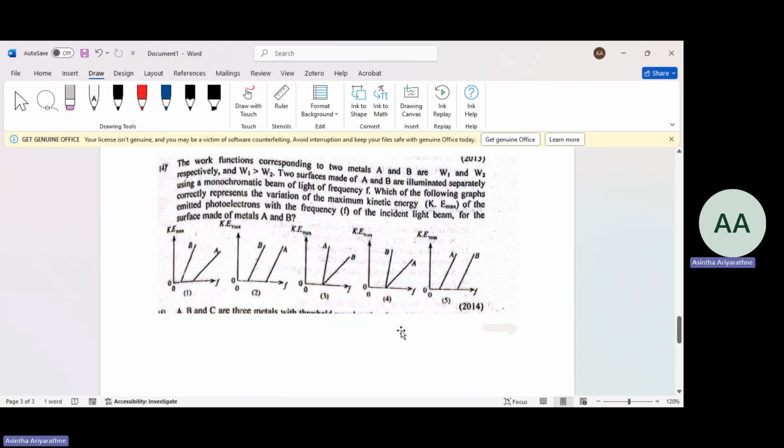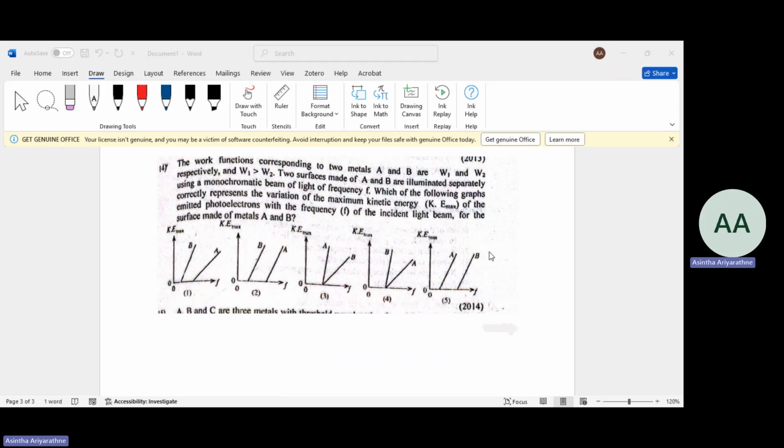The work functions corresponding to metals A and B are W1 and W2 respectively, and W1 is greater than W2. Two surfaces made of A and B are illuminated separately using monochromatic light of the same frequency. Which of the following graphs better expresses the variation of the maximum kinetic energy of the emitted photoelectrons with frequency?